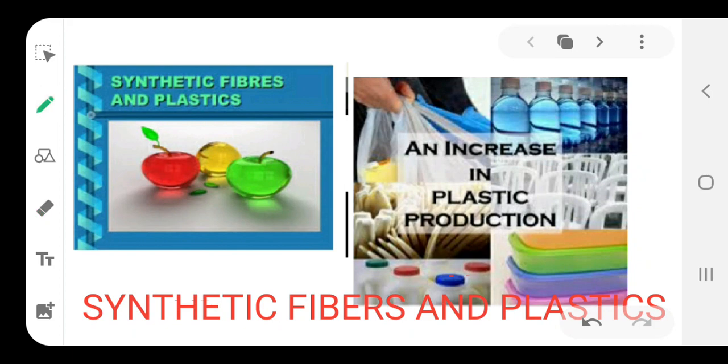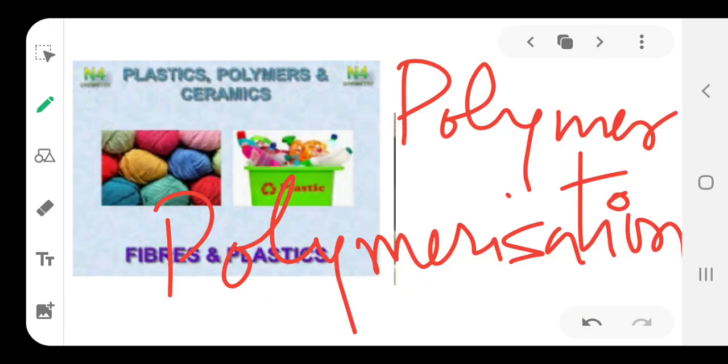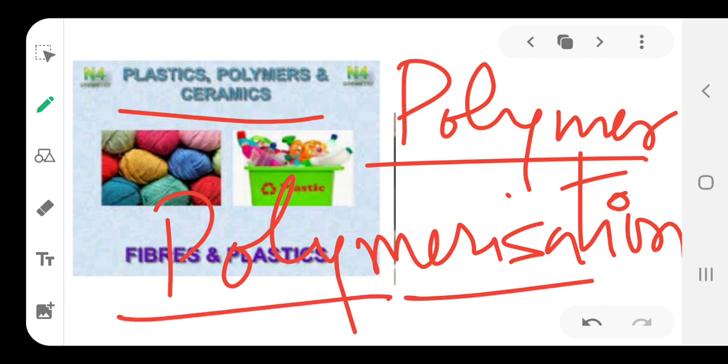As you can see on the screen, we are going to study synthetic fibers and plastics. These things make our life easy, and we use them in almost every part of our living nowadays. In this topic we are going to use many terms. One of them is polymer, and the new term is polymerization.